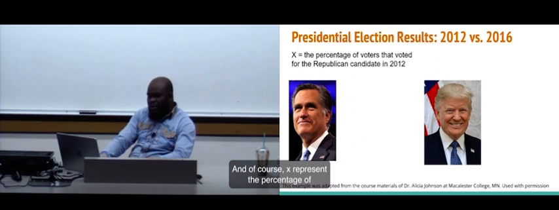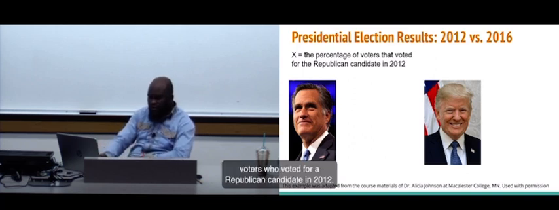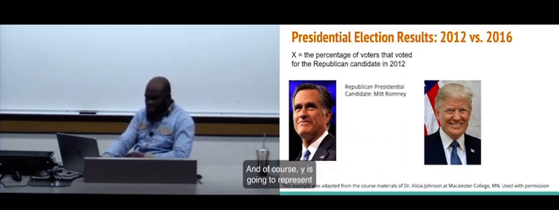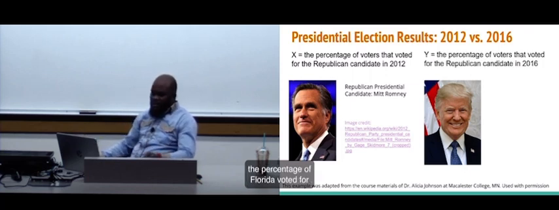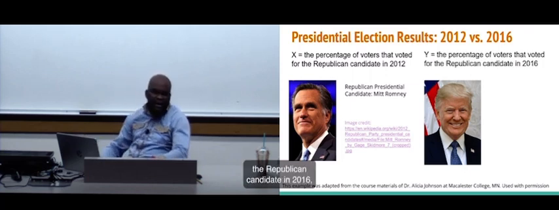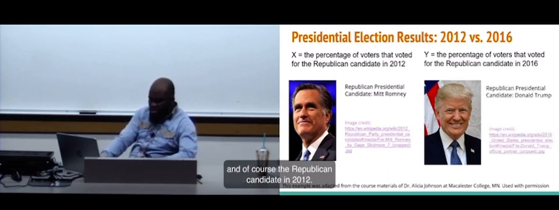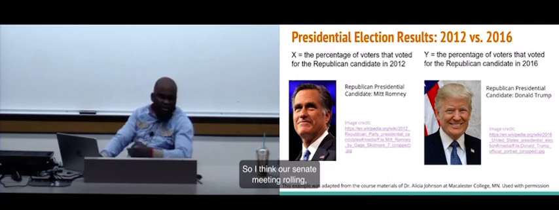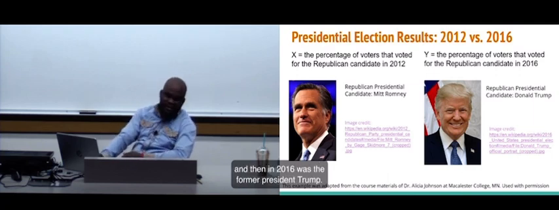X represents the percentage of voters that voted for the Republican candidate in 2012, and Y represents the percentage of voters that voted for the Republican candidate in 2016. The Republican candidate in 2012 was, I think, Senator Mitt Romney, and in 2016 it was the former President Trump.